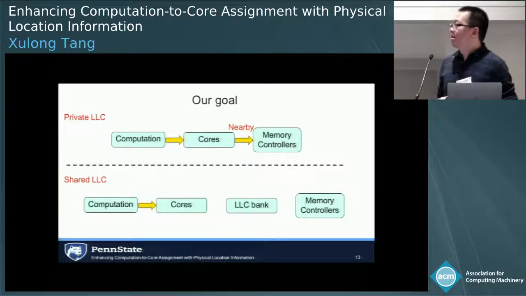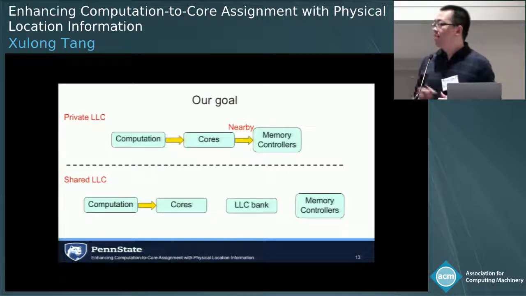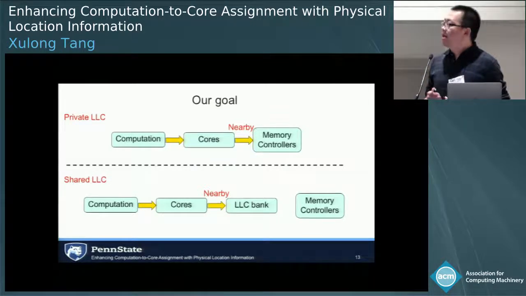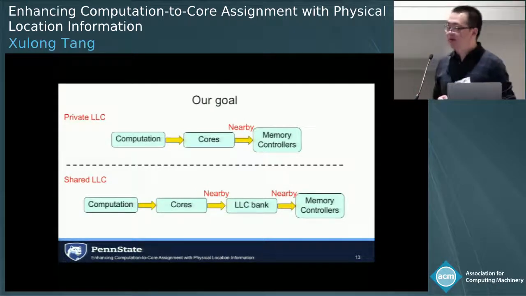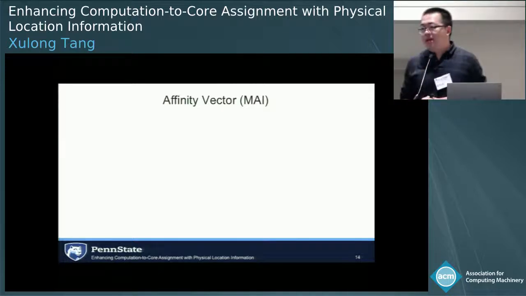Similarly, for the shared last level cache system, we want to map computation to cores such that both the local L1 cache misses are fetching data from nearby last level cache banks, and off-chip accesses are fetching data from nearby memory controllers. So now let's dive into the details.